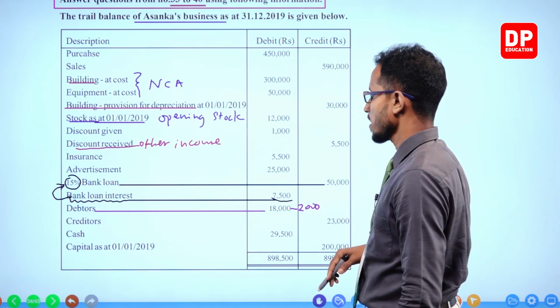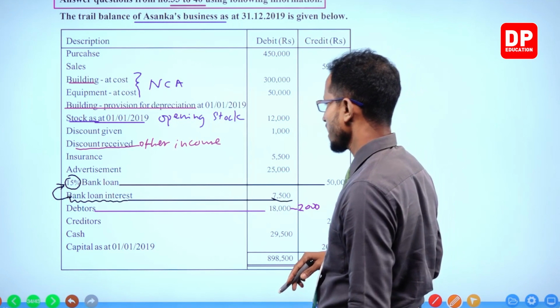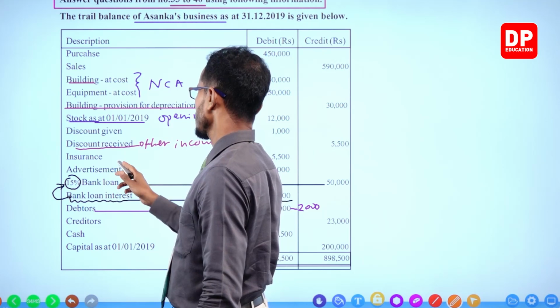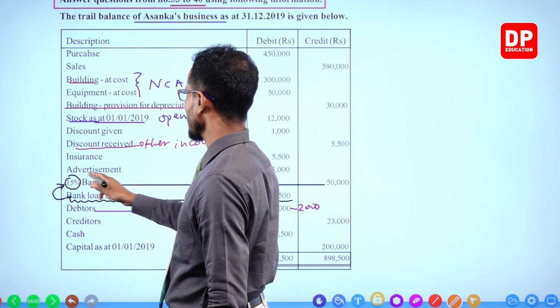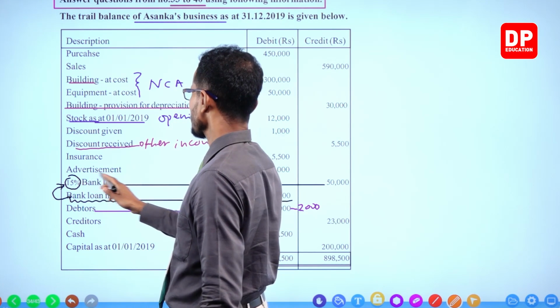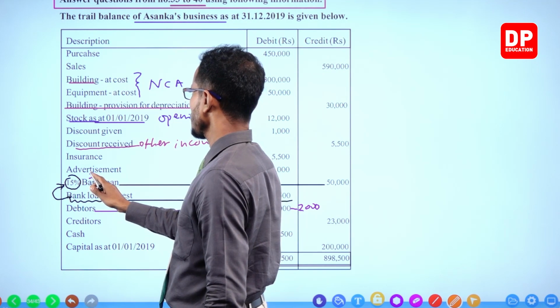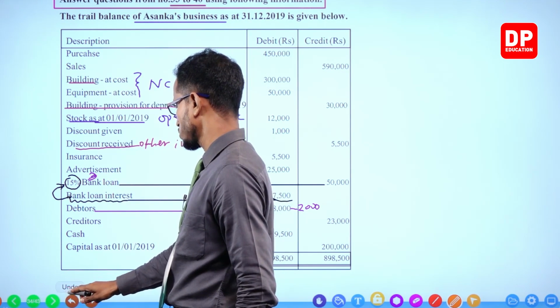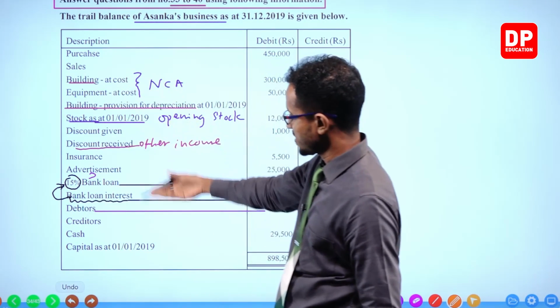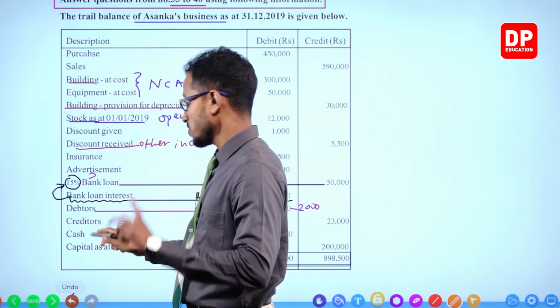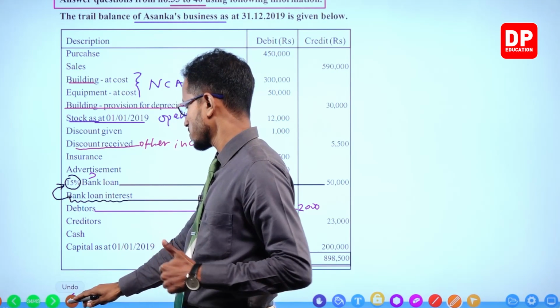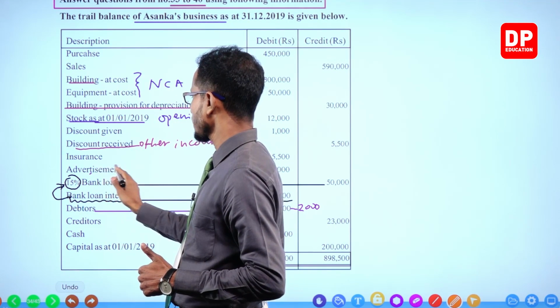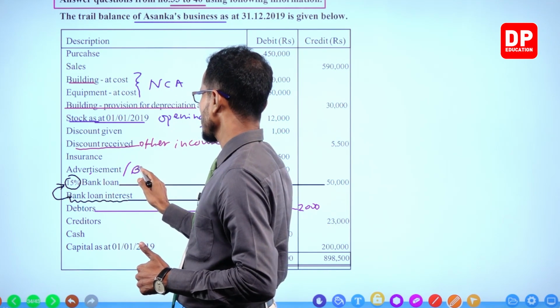And distribution expenses like advertisements and bad debts should be included too, because there is no bad debts in this trial balance. We have to enter the bad debts like advertising expenses.